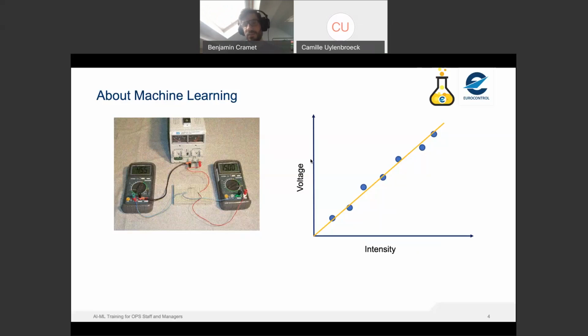Wherever you have no measurement, so wherever there is no blue dot on the yellow line, then you can know what is the voltage or what is the intensity. Well, it is all about fitting a model on a data set.